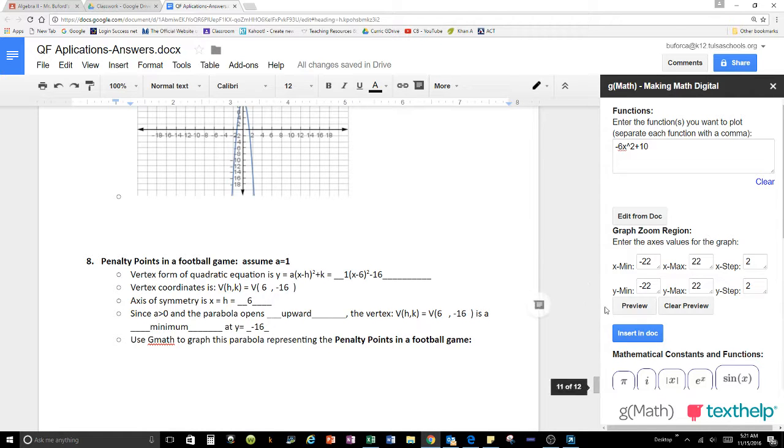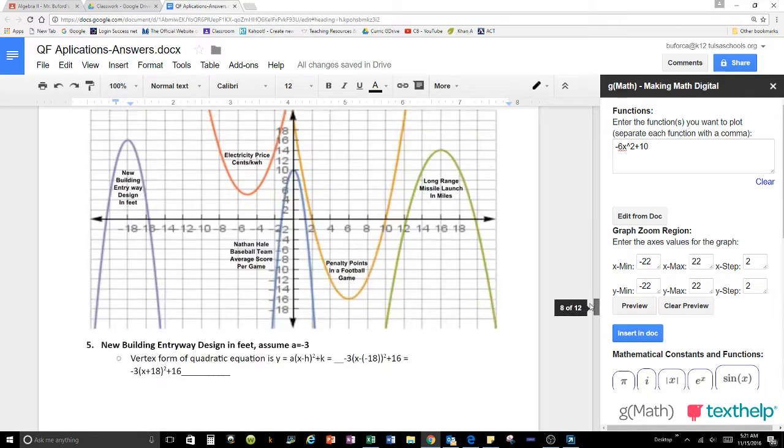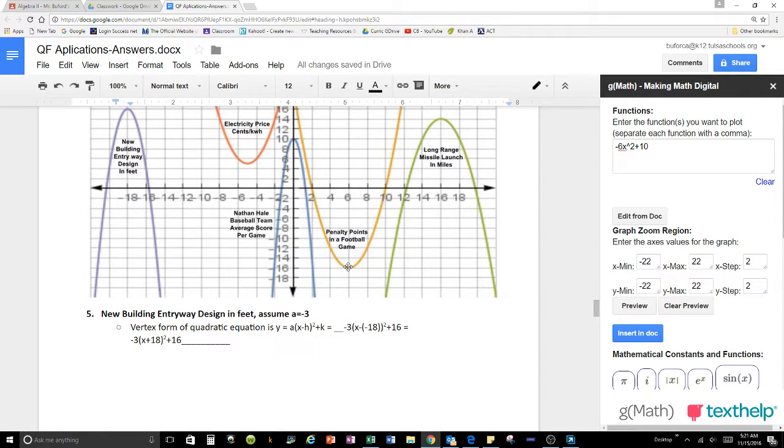And it's a minimum at y equals minus 16, as we can see here, because it's the lowest, it's at the bottom of the parabola. The parabola opens upward. So that's why we know it's a minimum. And it's always a minimum at the k value, minus 16.